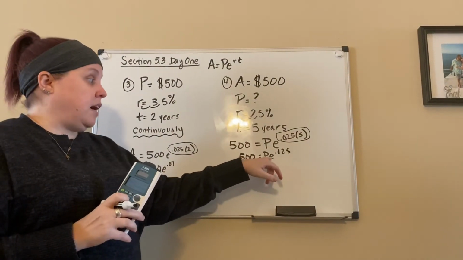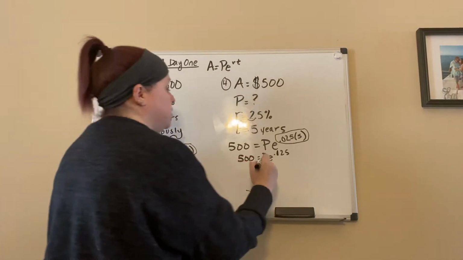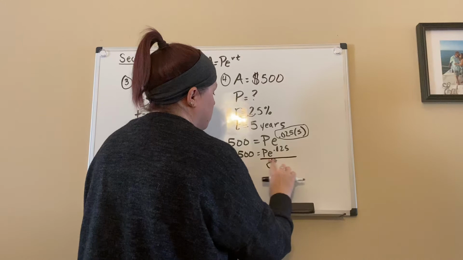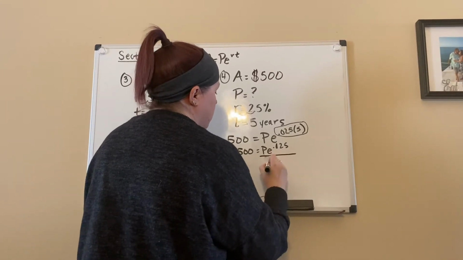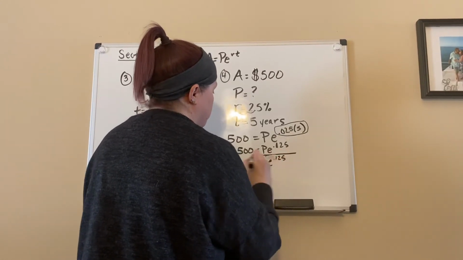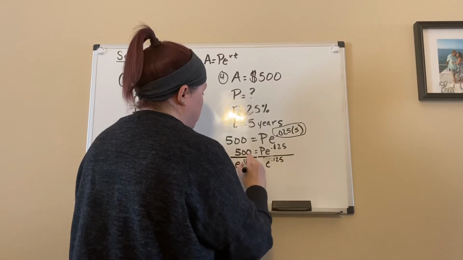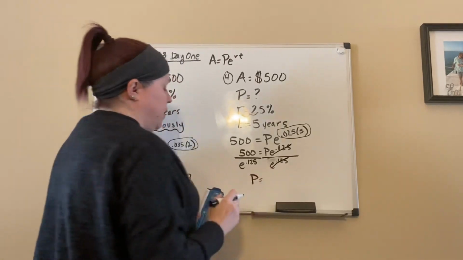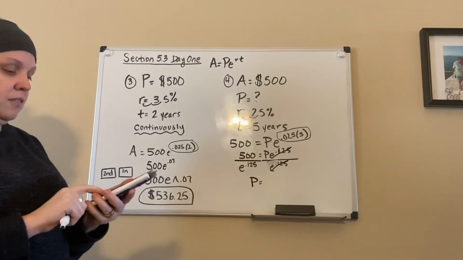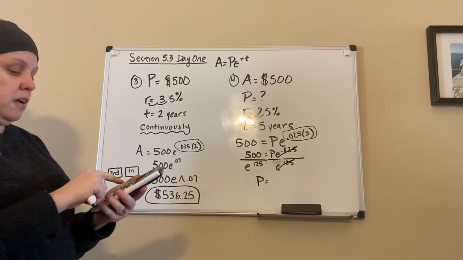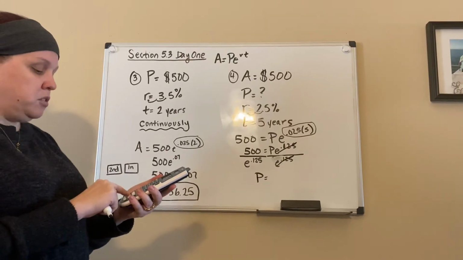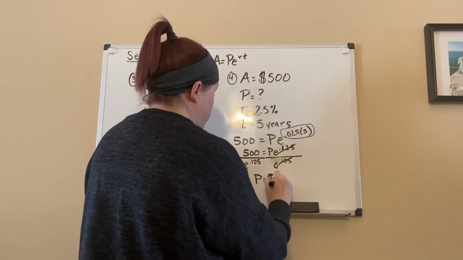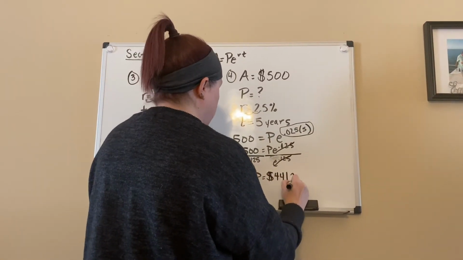Since this is P times that E, you are going to divide by the E. E to the 0.125 cancels, and we just type it into the calculator. So 500 divided by E to the 0.125. Still money, so you're going to round it to money. $441.25.